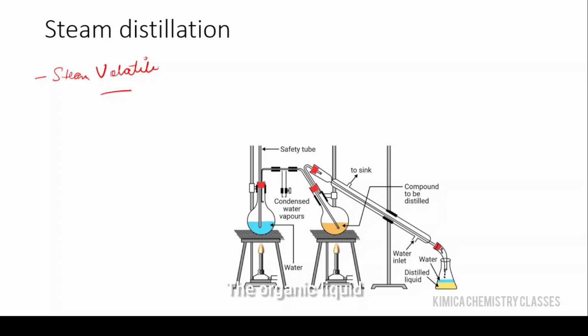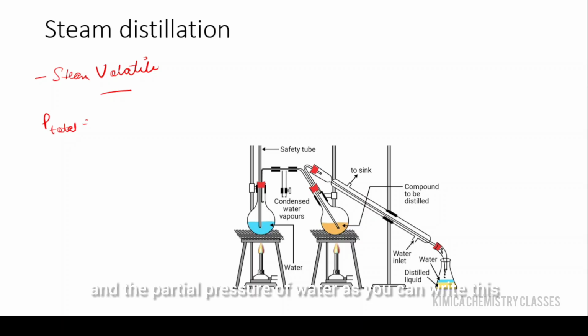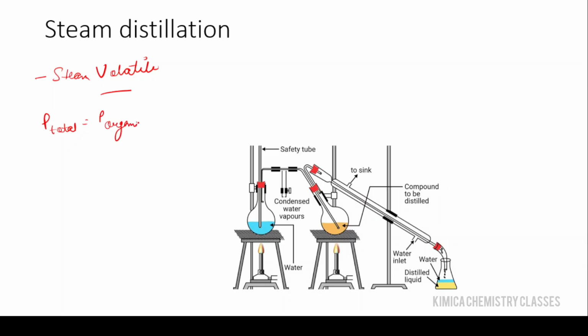The organic liquid and water form an immiscible mixture. When steam passes through, both the organic liquid and water vaporize. The total vapor pressure, P total, above the mixture is the sum of the partial vapor pressure of the organic liquid and the partial pressure of water. You can write this as P total equals P organic plus P water.